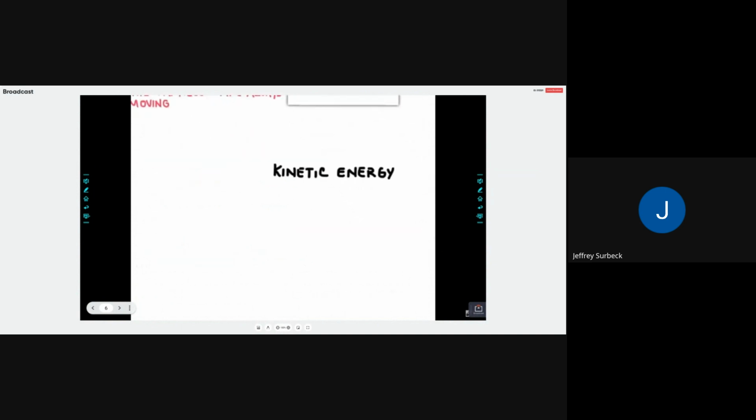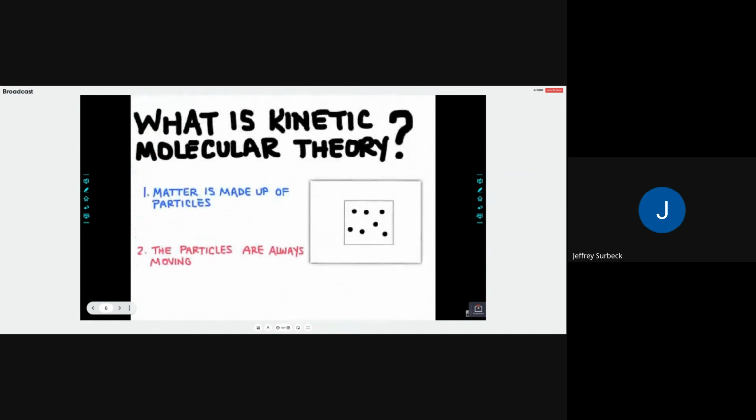And so we have to understand what kinetic energy means. Kinetic energy is the energy of movement. And so the more kinetic energy a particle has, the faster it will move, and the less kinetic energy it has, the slower it's going to move. And we know that these particles are called atoms and molecules.